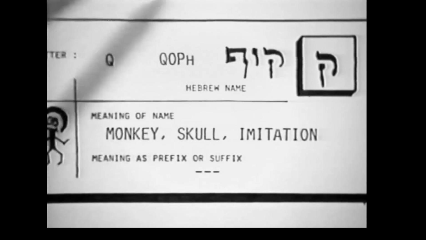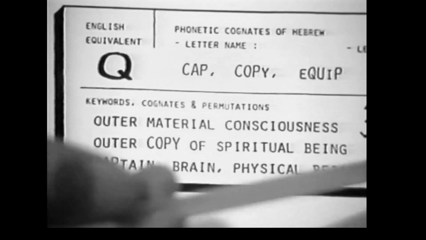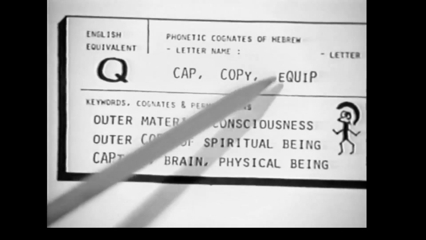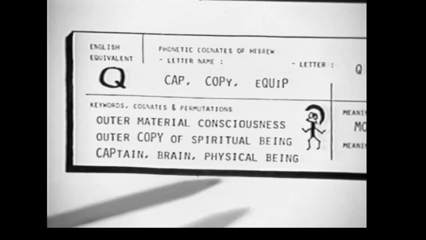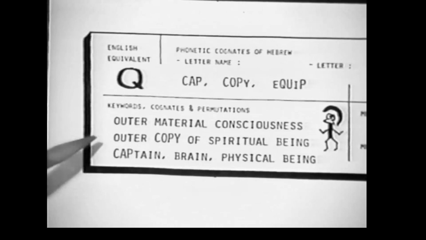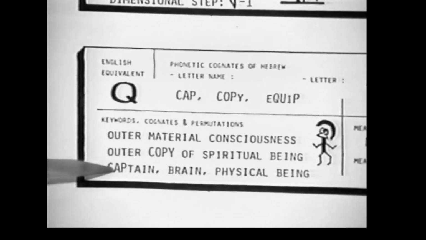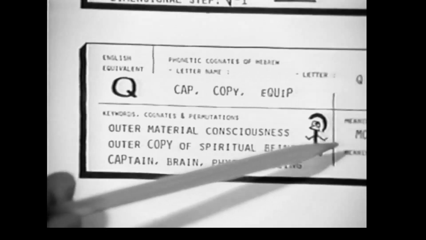Cognate to the Hebrew name Kuf is our word cap, the head, the skull, copy, the imitation or the monkey, or equipment, things one uses in the material world to accomplish one's spiritual needs. And it's an outer material consciousness, an outer copy of spiritual being, it relates to the root for captain, the idea of the brain rather than the mind, the physical being. That was an example going through that chart.